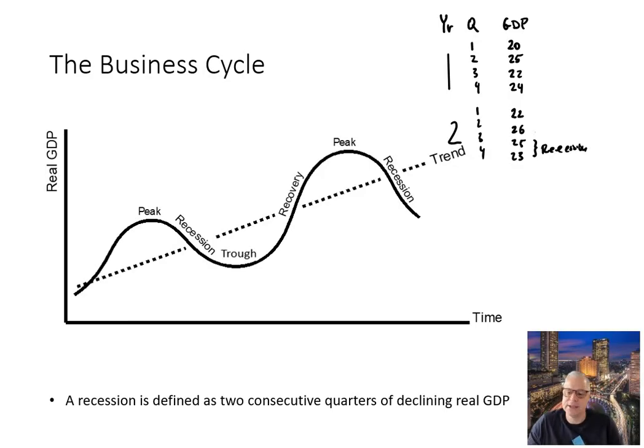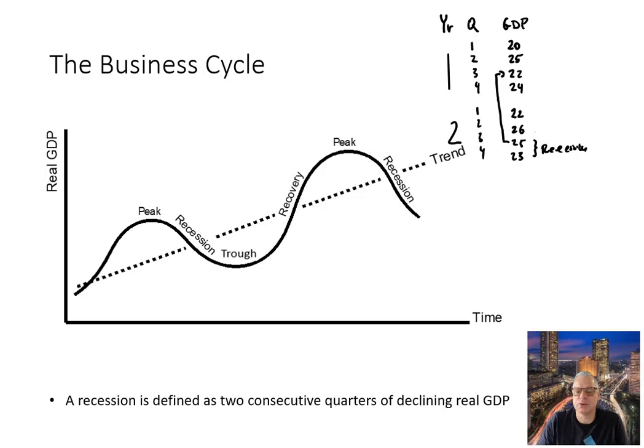And you can see that it's maybe a little bit problematic, because if we compare it to the previous year, at least in the third period compared to the previous year, we still have a much higher output. So there are different ways of looking at it. The most common definition is 2 consecutive quarters of declining real GDP.